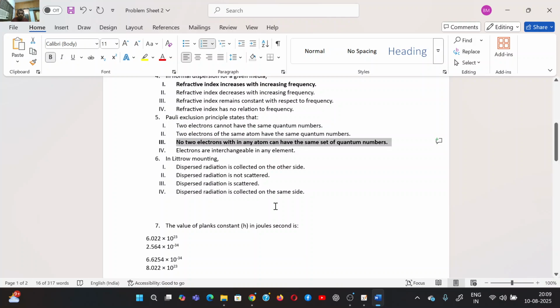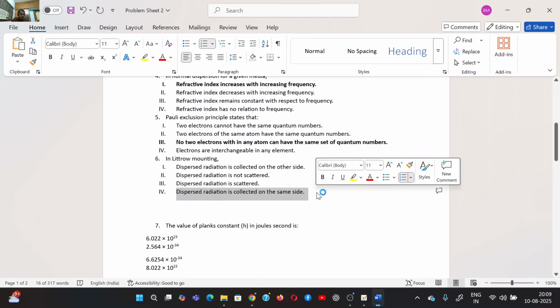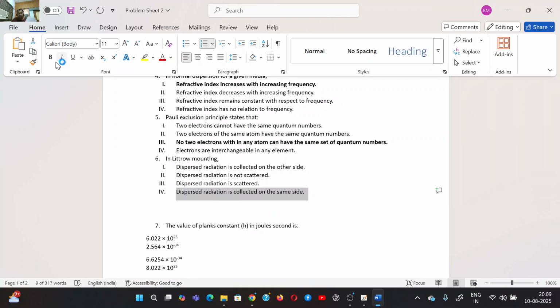Problem 6. Littrow mounting. In Littrow mounting, I asked you to do self study in this case, but the correct answer is dispersed radiation is collected on the same side. Okay. So you do self study in your own case, but I mentioned in passing that the input and output beams lie on the same side in case of Littrow mounting when we were discussing prisms.